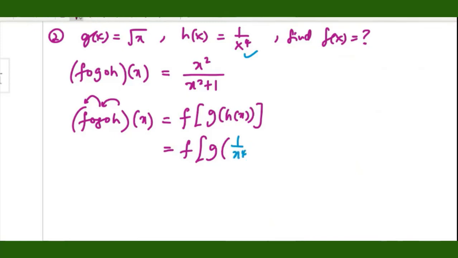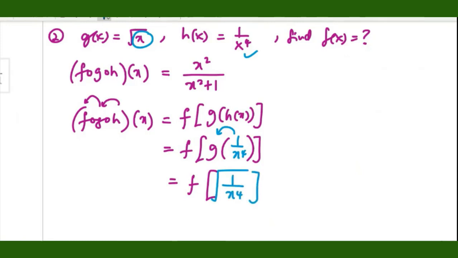Putting h(x) into g(x), which is sec, of 1 over x to the power of 4.